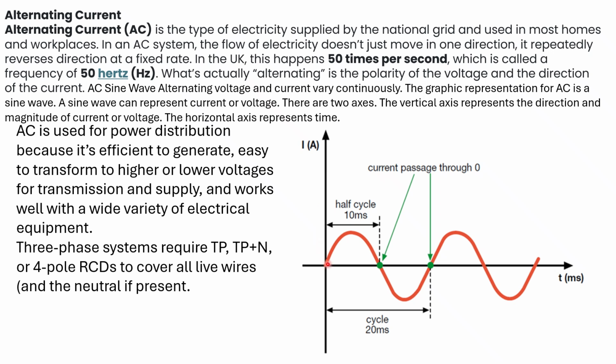This is a full cycle from here to here, but this is known as half cycle positive and half cycle negative direction. And the time taken for an entire cycle from here to here is 20 milliseconds.